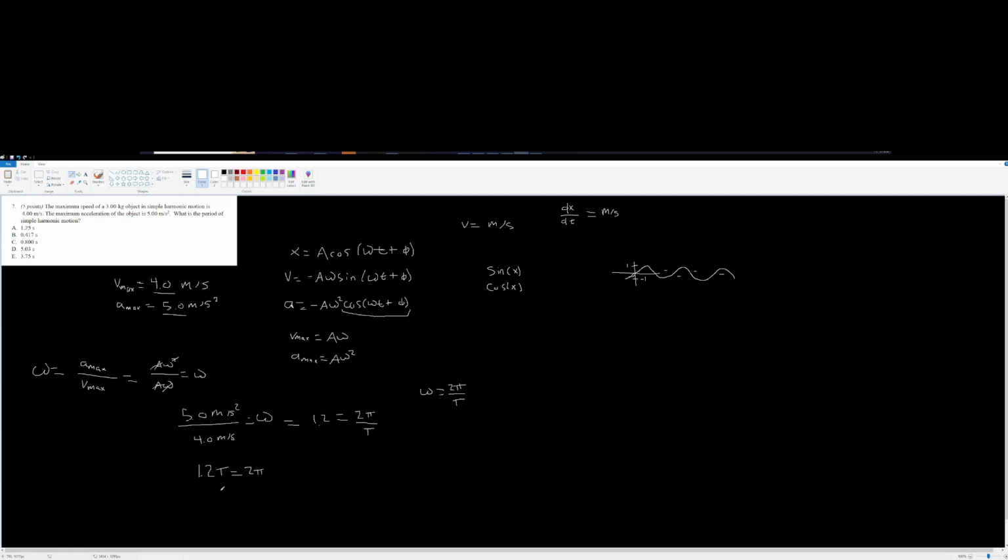And then if I divide both sides by 1.2, then I have T equals 2 pi over 1.2. And when I get that, we get 5.03 seconds. And that is option choice D on our sample test here.